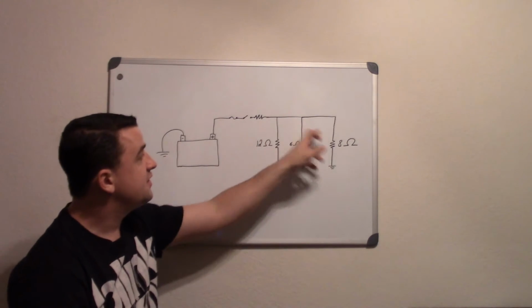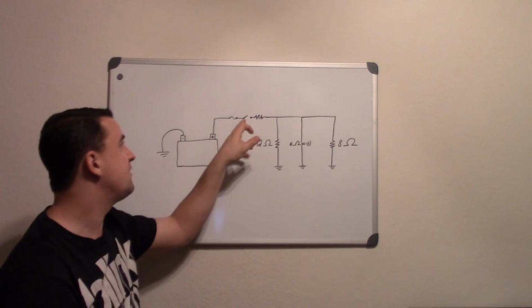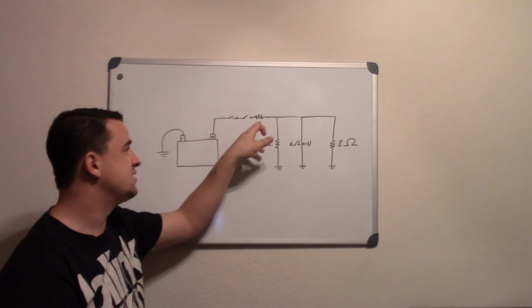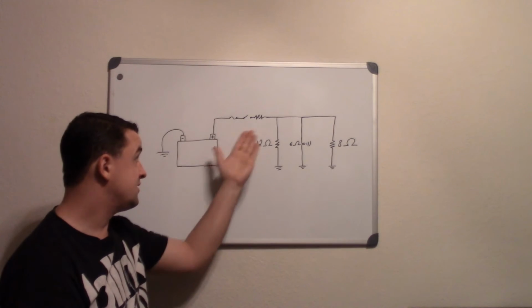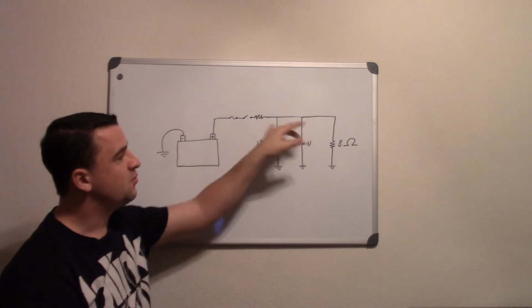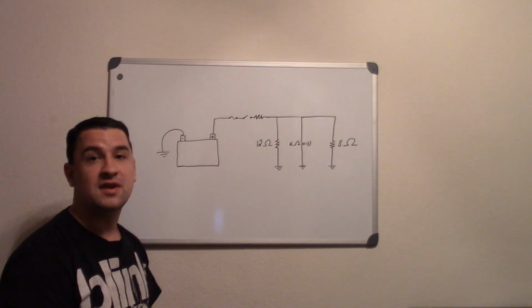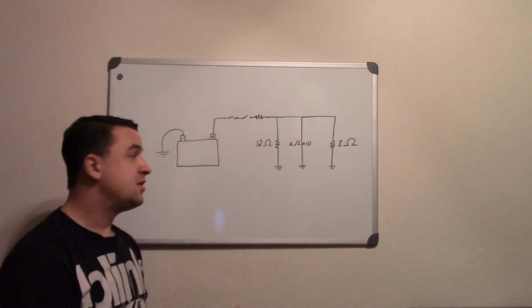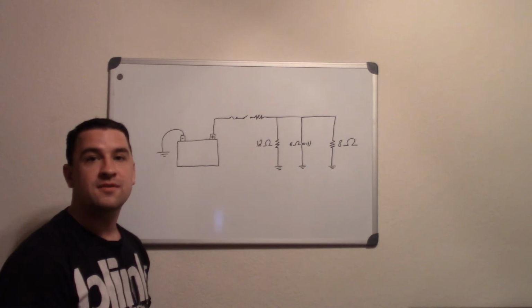Now each one of these 3 branches has 10 volts available, because some of that voltage got used up at that resistor before it went to the different branches. So this resistor is in series with the overall parallel circuit, and other than that, everything else has the same characteristics of a parallel circuit. The only difference is you have one resistor before it.